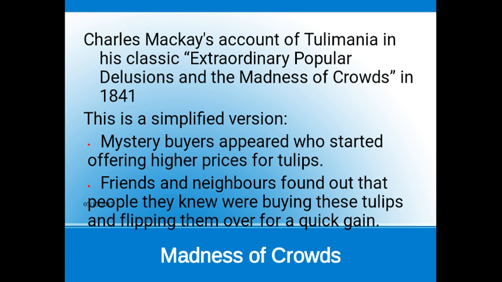Okay, the account of Tulip Mania we're going to look at is mainly based on Charles Mackay's account in his classic Extraordinary Popular Delusions and the Madness of Crowds of 1841. This is one of the better books on these delusions, and it's a very well written book by the Scotsman Charles Mackay.